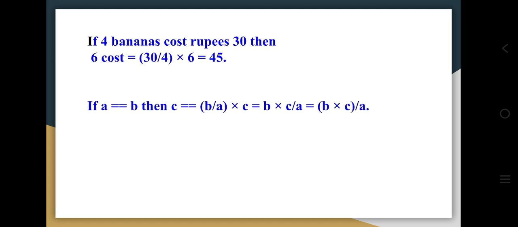In general, if one entity is directly proportional to the other and A of one entity corresponds to B, then C corresponds to B by A into C, which is equal to B into C by A.